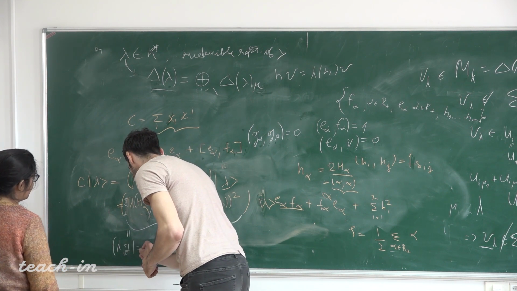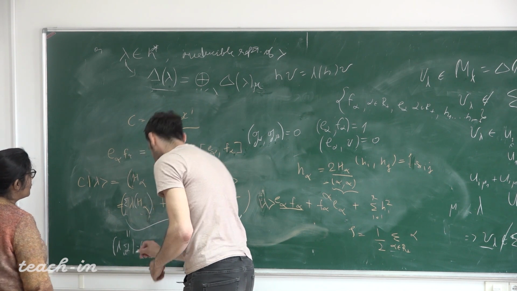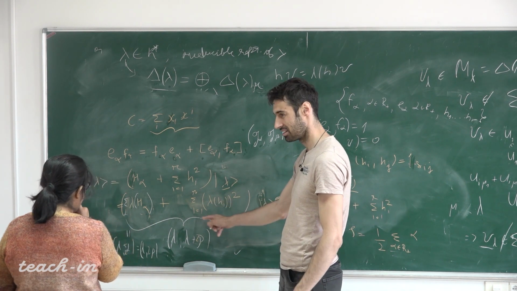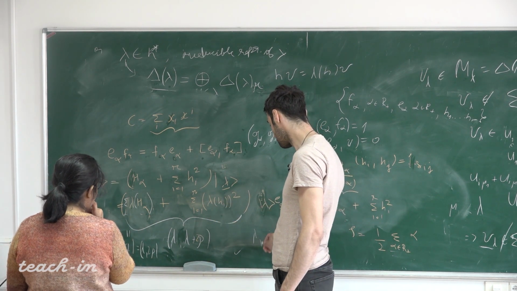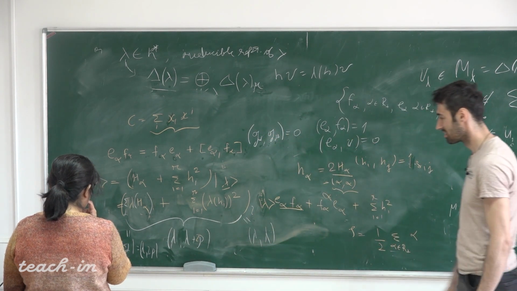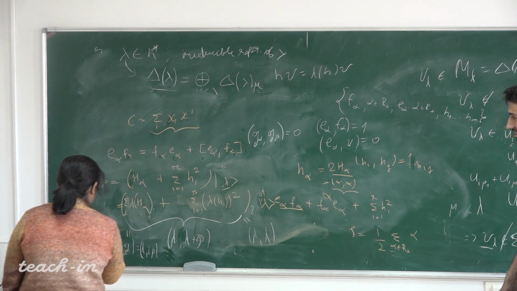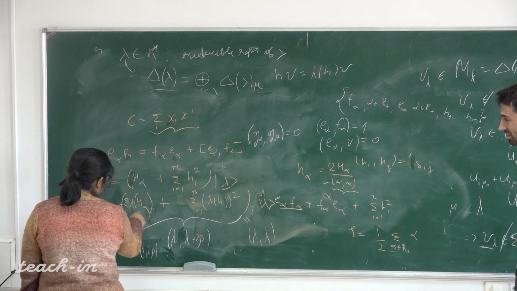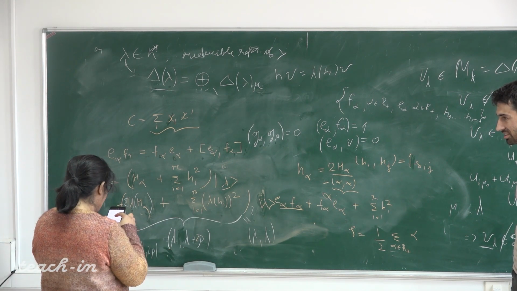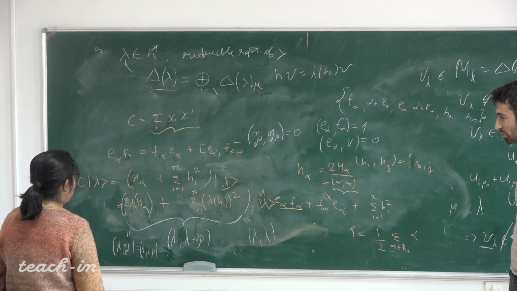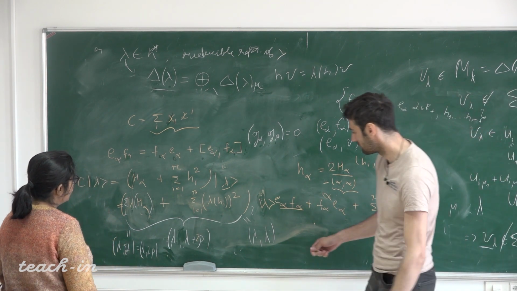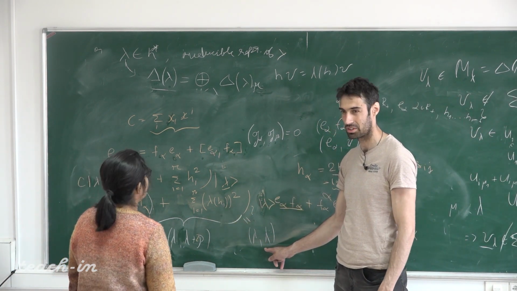So this is exactly (lambda, 2 rho). H_alpha is always the sum over all the alphas, which is 2 rho. So the first term is exactly (lambda, 2 rho). And the second one, we would like to see that this is (lambda, lambda).